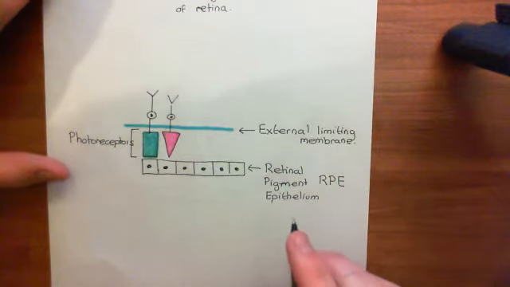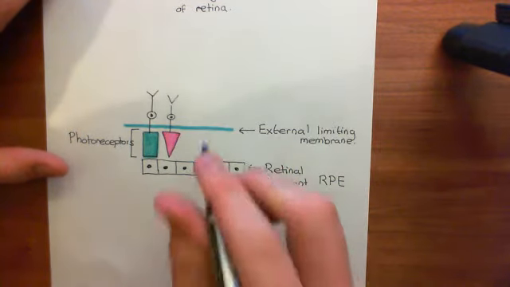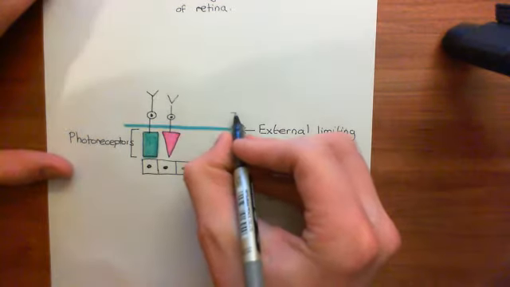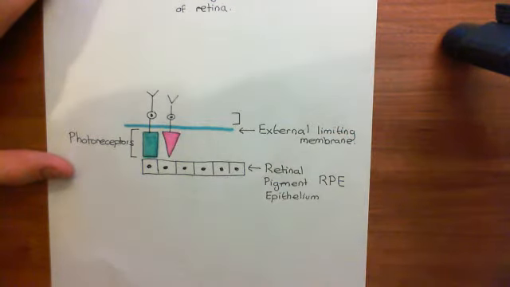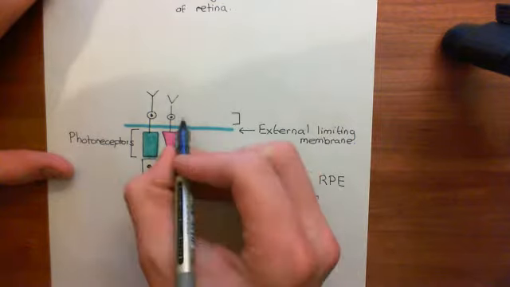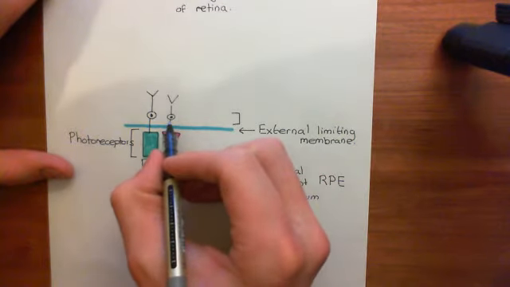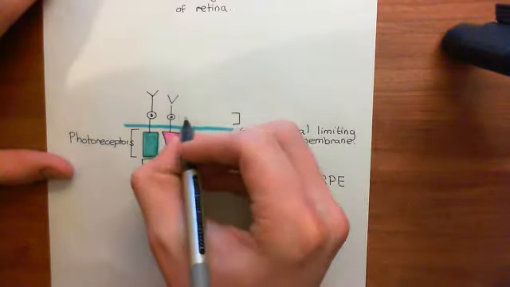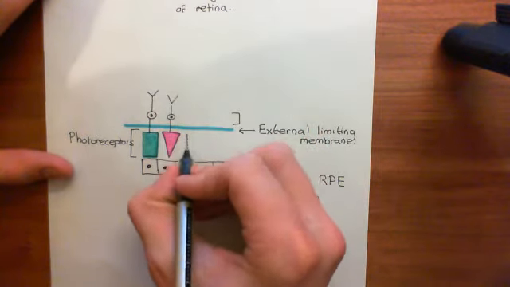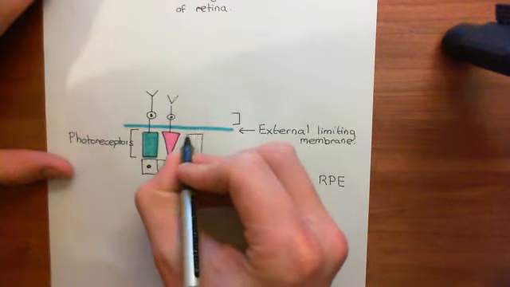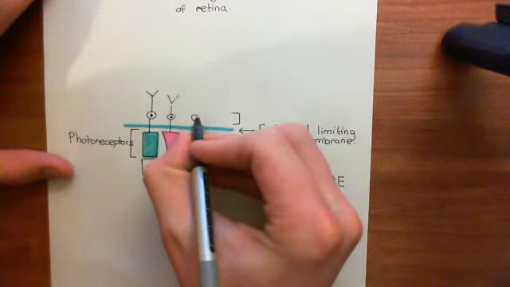Okay, so this next layer here, which is the nuclei of the cell bodies of the photoreceptive cells, of the rods and the cone cells, is known as the outer nuclear layer, because you're just going to have a layer of nuclei, basically. Of course there'll be another rod cell here with its cell body here as well.